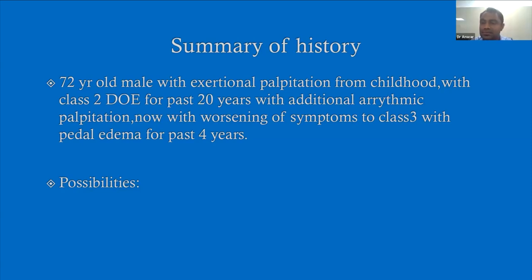By this time, the patient will be more symptomatic. Why? Is the rate of progression of aortic regurgitation faster than the rate of progression of aortic stenosis? Which progresses faster, aortic stenosis progression or AR progression?